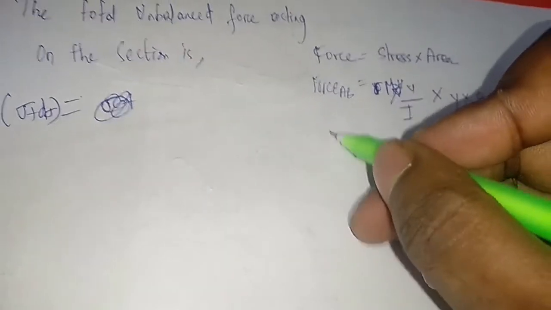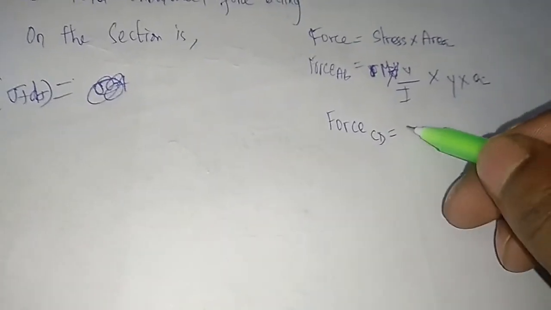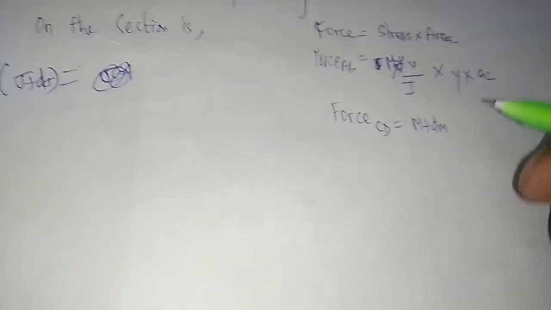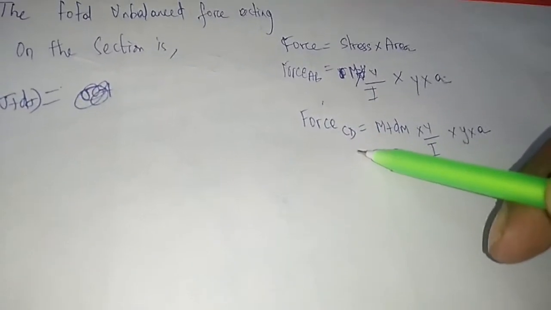Similarly, force at side CD is nothing but M plus dM into y by I into y into A. So this is force at AB and force at CD.